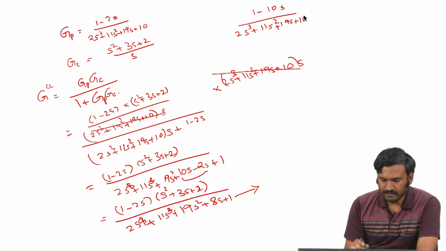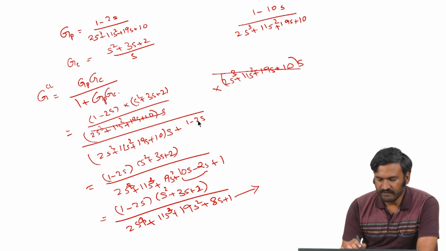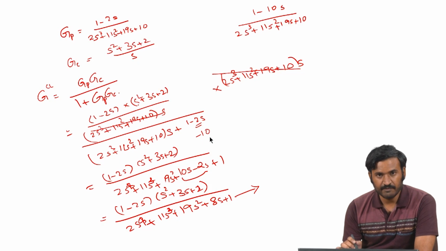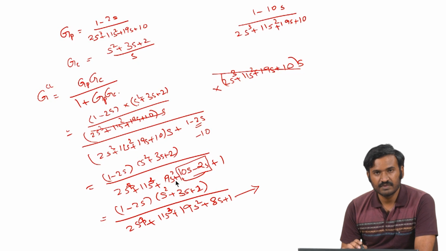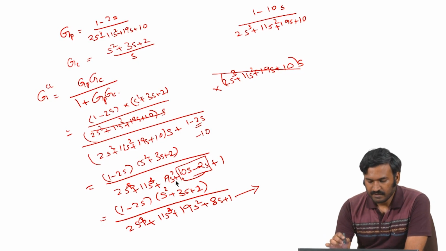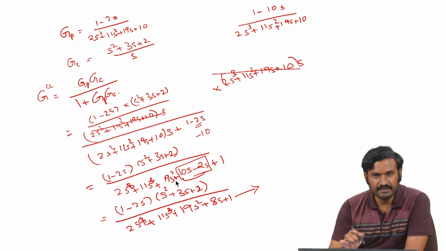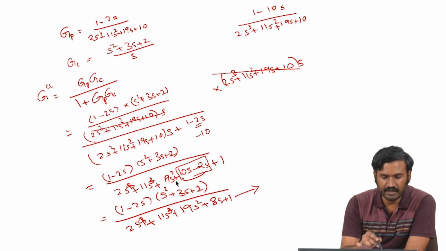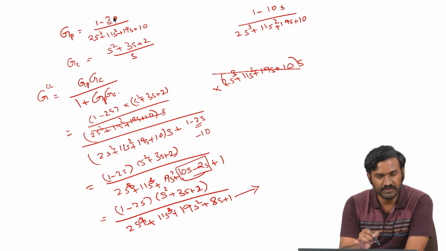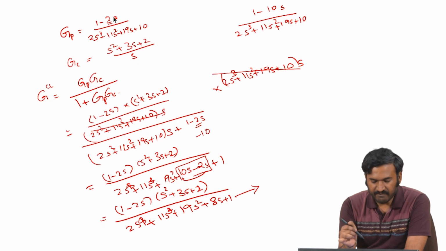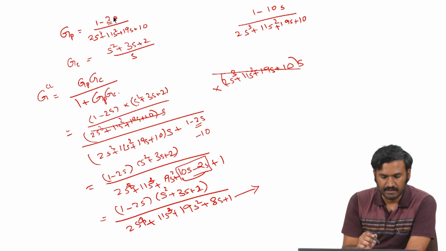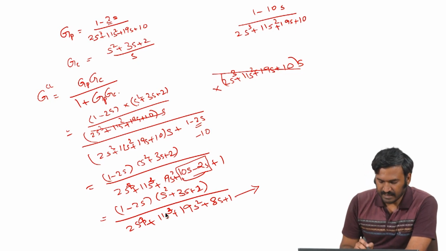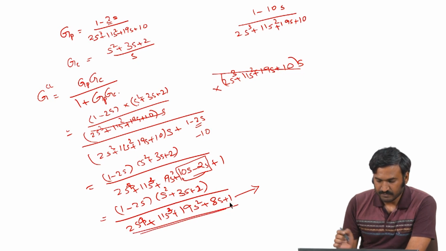Then we will have minus 10 instead of 2 here, and this term will become 0. So, we can analyze this by replacing this 2 with some coefficient alpha and checking whether this alpha will have any effect on the stability of this process.